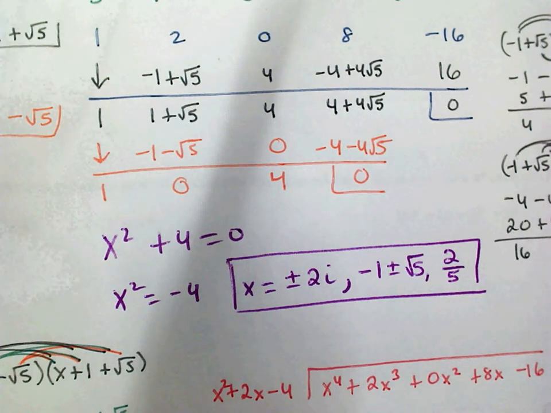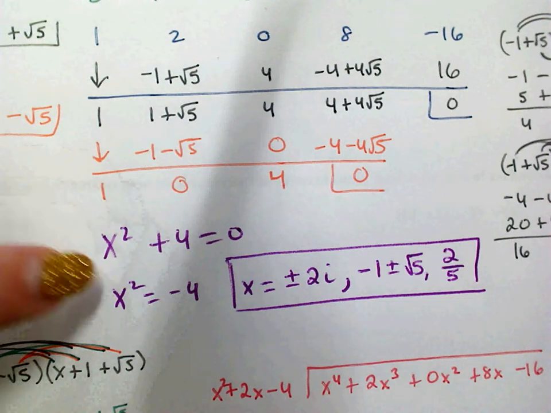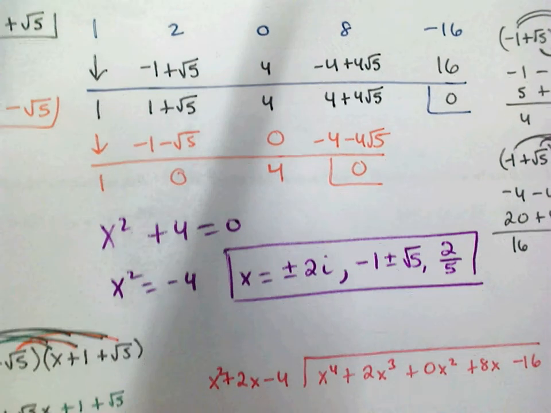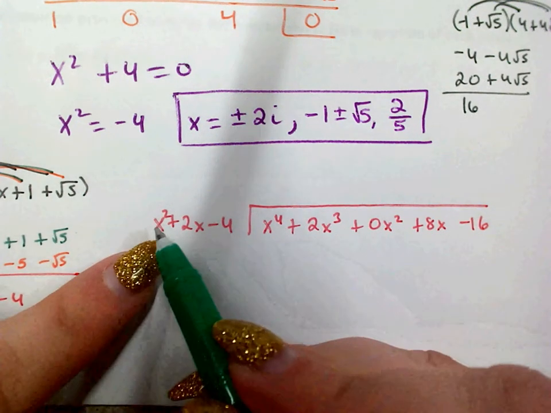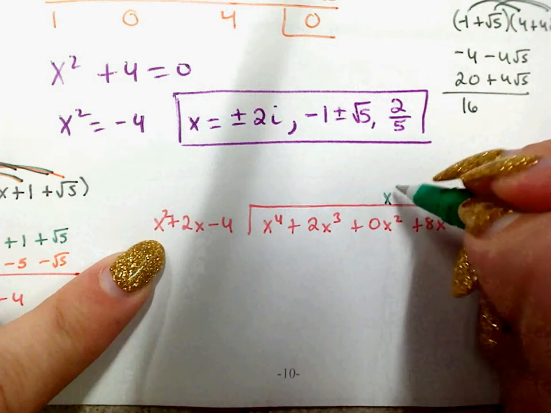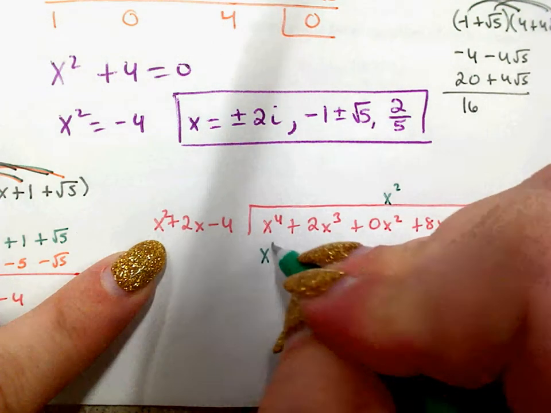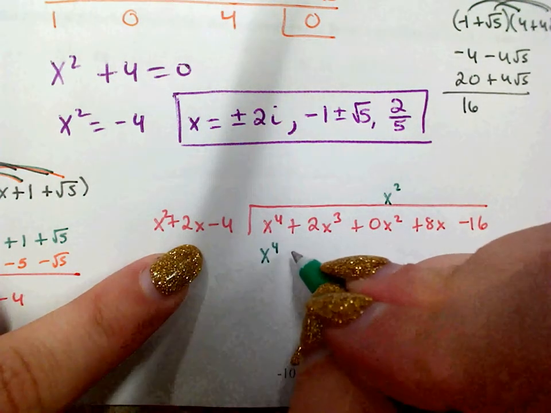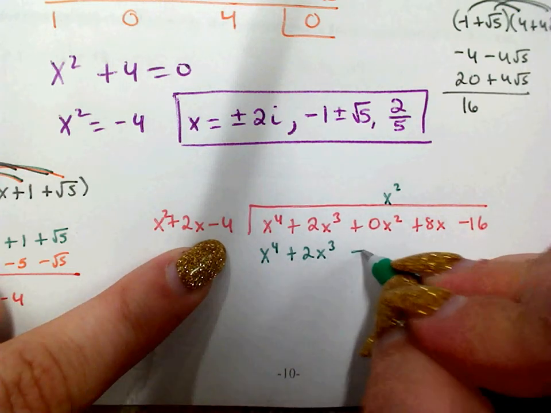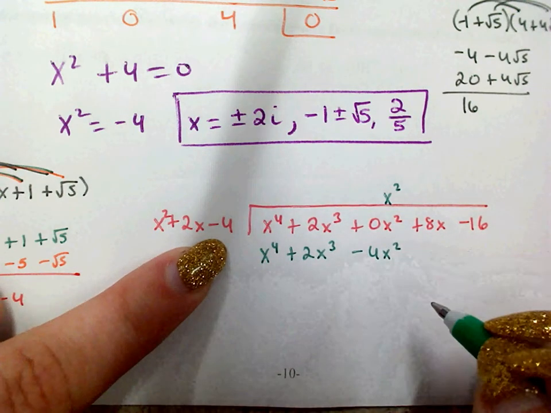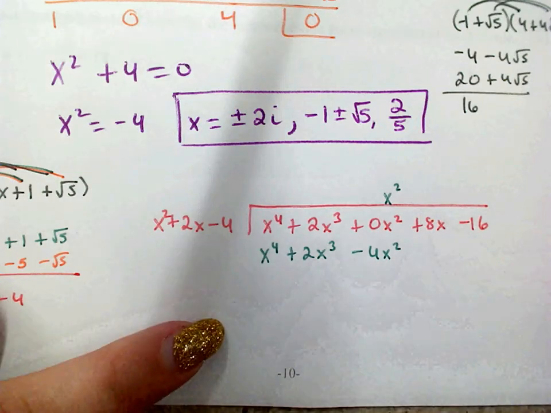So I asked myself, what are we going to multiply x squared by to get x to the 4th? And that is x squared. X squared times x squared is x to the 4th. X squared times 2x is 2x cubed. And x squared times negative 4 is negative 4x squared. Change the sign. Minus, minus, plus. Those both cancel out, and I'm just left with a 4x squared plus 8x minus 16.